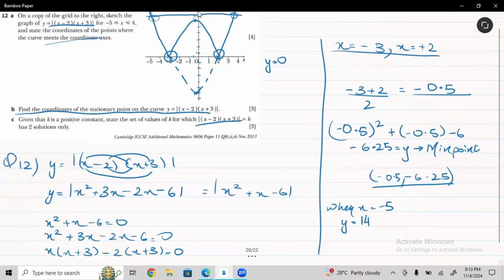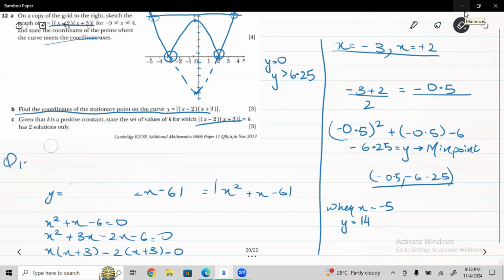So we have two cases for now: y equals 0 and y is greater than 6.25. So what would be the answer, given that it has two solutions? Okay, so we are going to say that k, and let me just erase some part so I can solve it out.